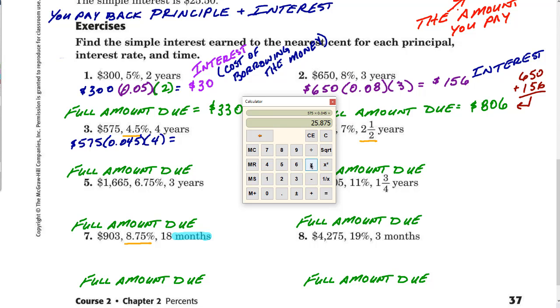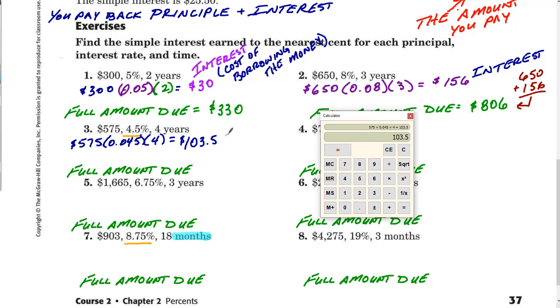So then you multiply that by 4 years, and you owe $103.05 in interest.